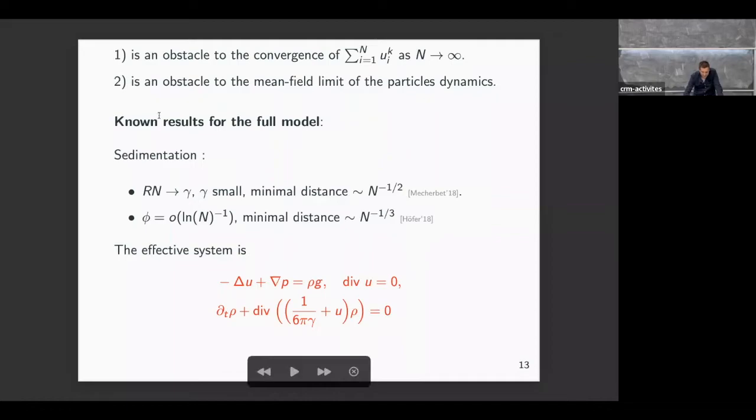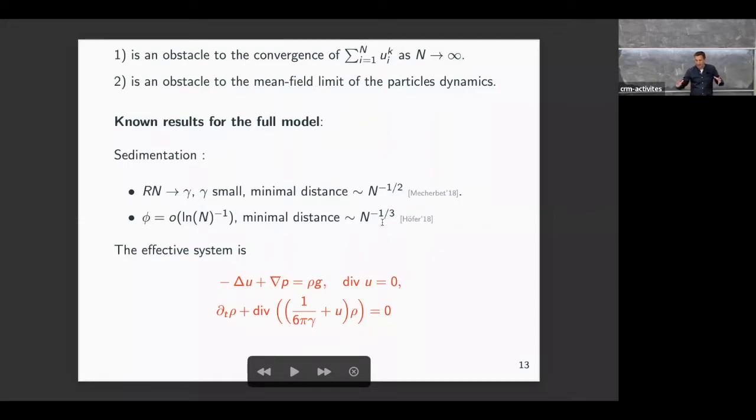But things can be done. For instance, in the context of sedimentation, the first example that I gave, you can really derive an effective model under two different sets of assumptions. Either you say that the radius is of order 1/n, and then you are allowed minimal distance between the particles of order n^(-1/2), and you can show that it will be preserved through time. Or you allow for larger volume fractions, but still vanishing when n goes to infinity.